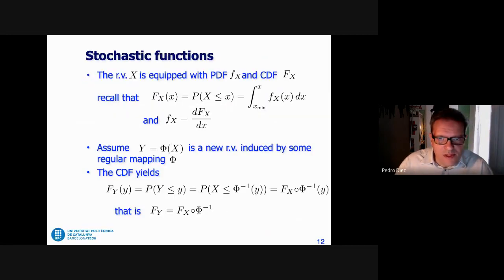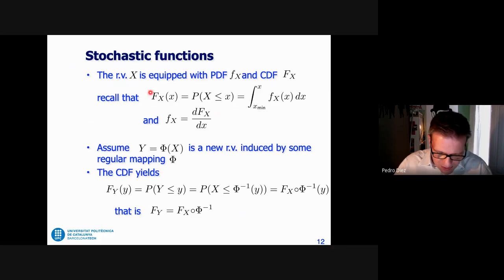Let's assume that we have a stochastic variable x, which is characterized by the probability density function f_X and the cumulative distribution function capital F_X.